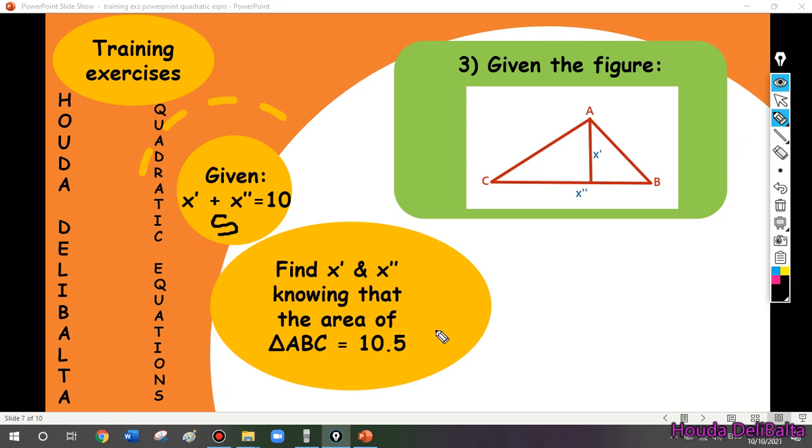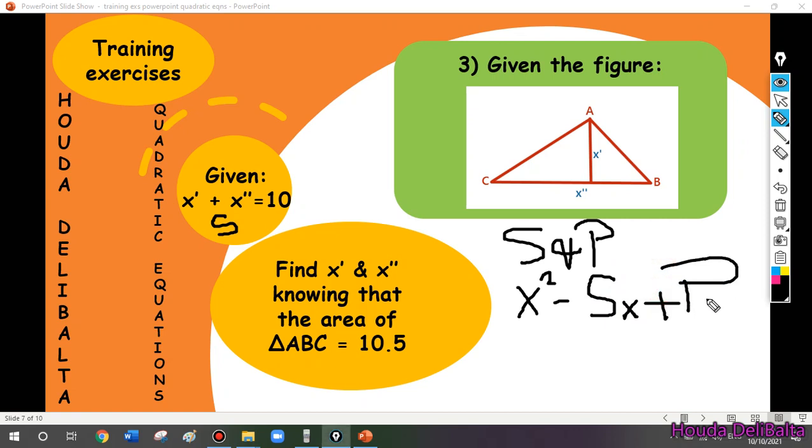But before, let me review something: if I have the sum and the product of the roots, and I will have this later, then I can form this quadratic equation of the form x squared minus sx plus p equals 0, and after that I can solve it and find x prime and x double prime.